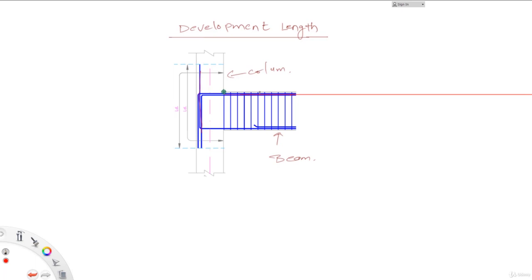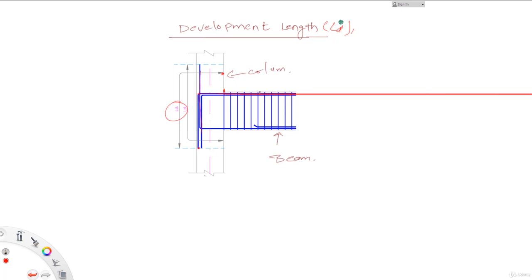The beam actually terminates over here, but the rebar doesn't terminate. It goes into the column and after that it goes down. The length from here up to the tip of this rebar, this entire length, is known as the LD, that is the development length. So now we know what the development length is.